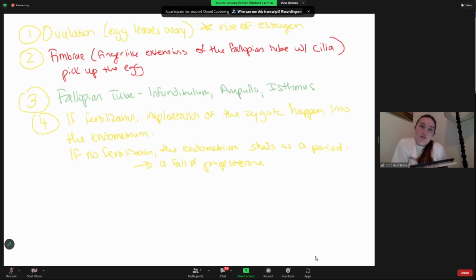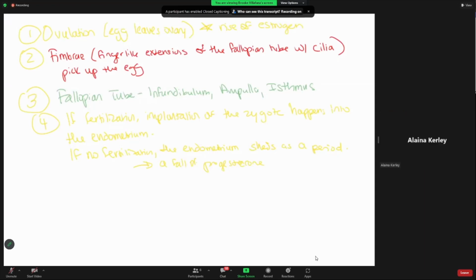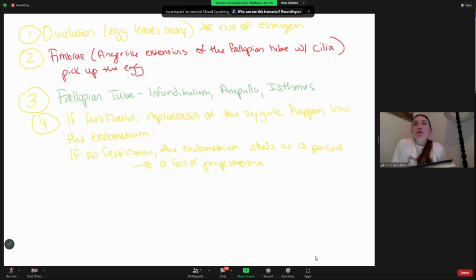Even though it's not the same thing, it's equivalent. Labia majora is equivalent to the scrotum, homologous structures. Heterologous structures could maybe serve the same function, but not be in any way the same thing.